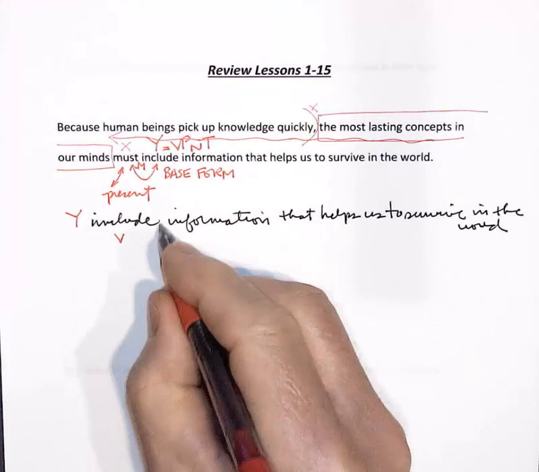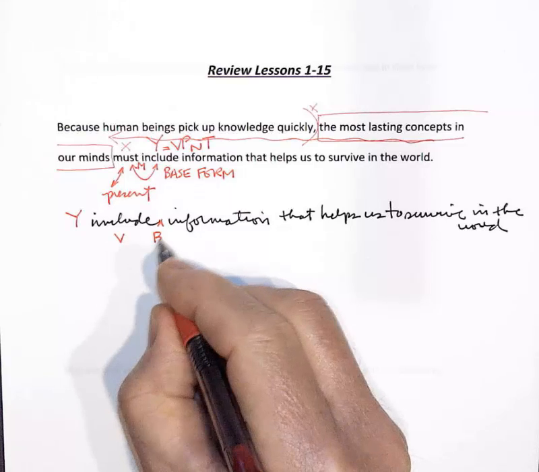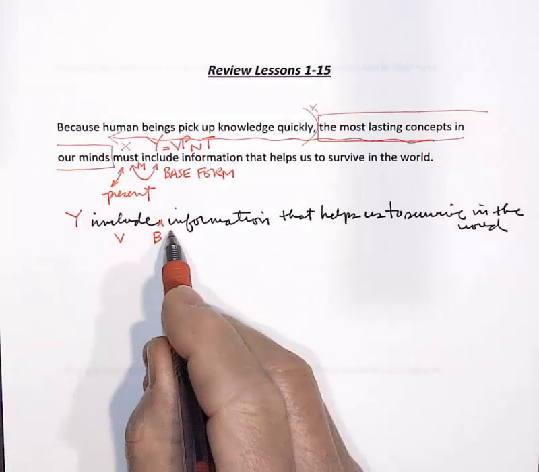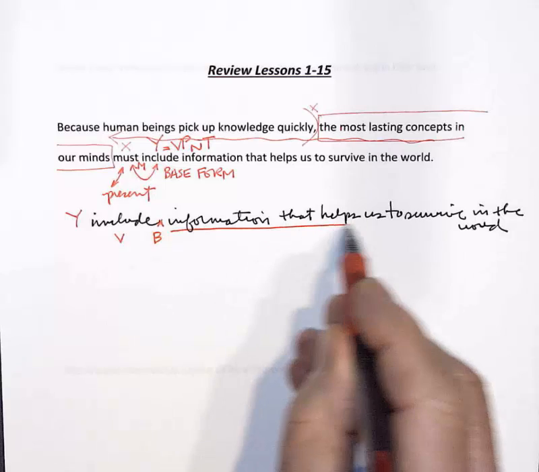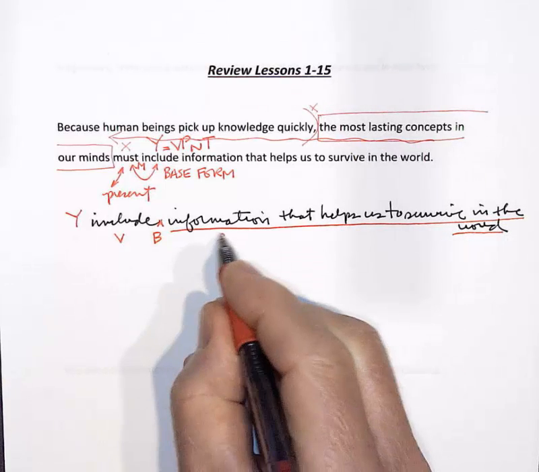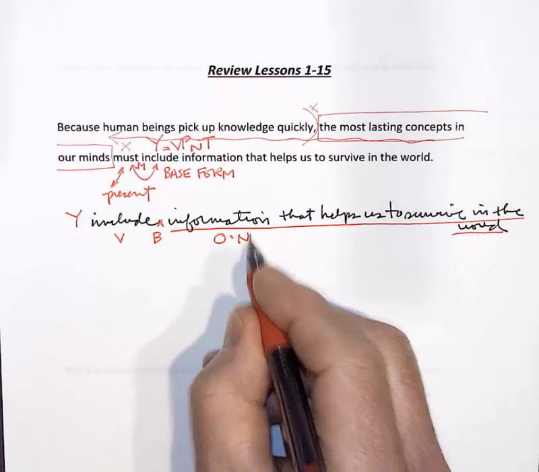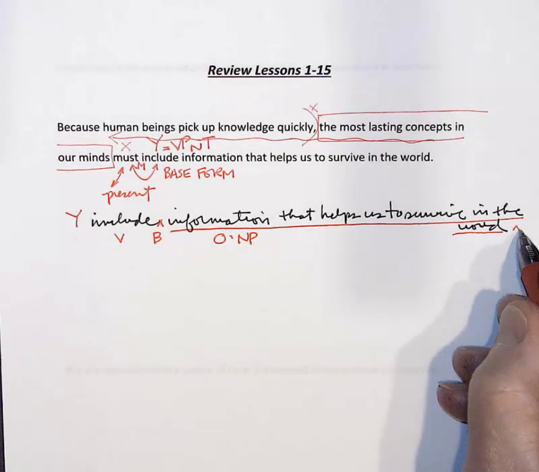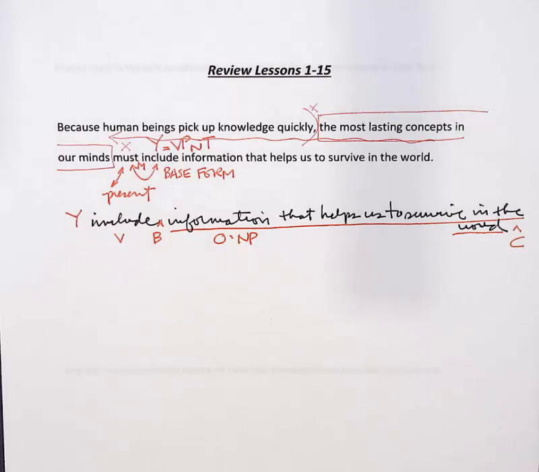Include is the verb, the particle place is empty, and information that helps us to survive in the world is the object. It's a noun phrase. The complement place is empty.